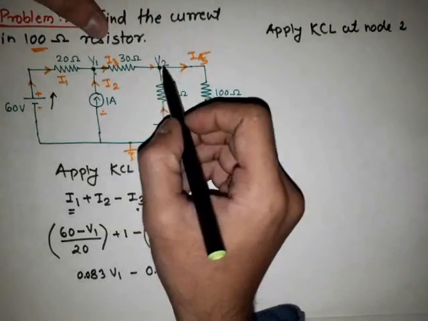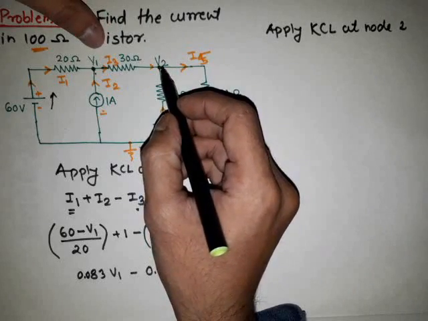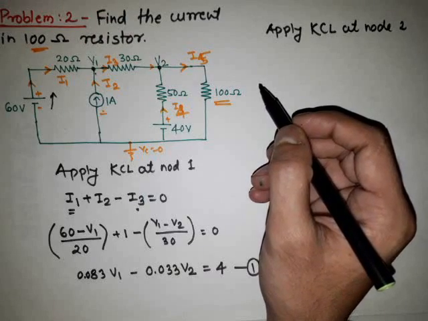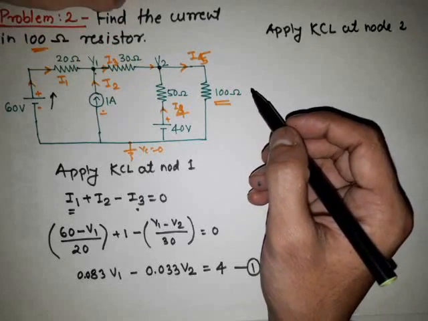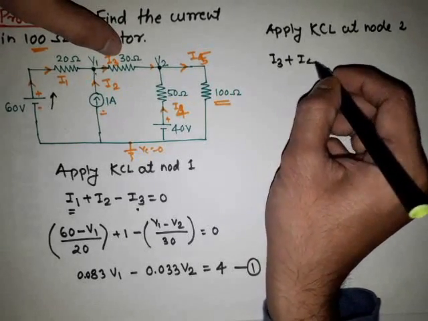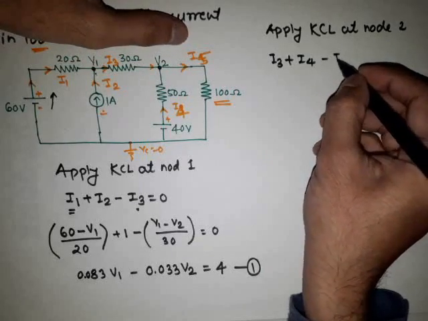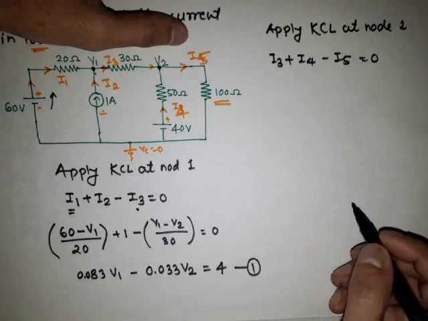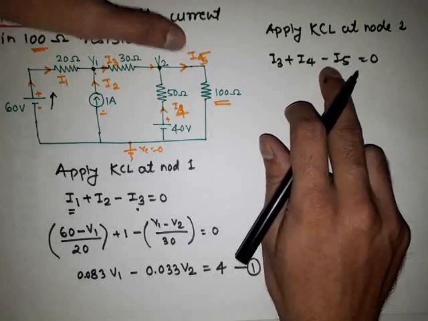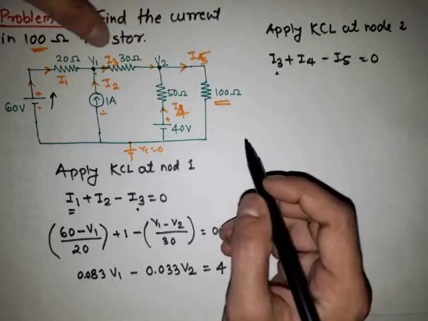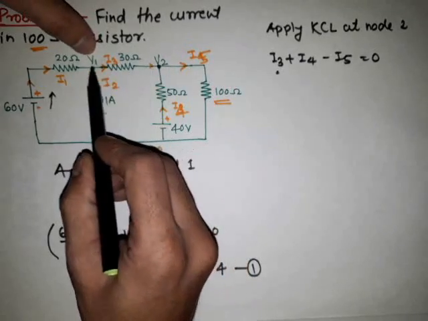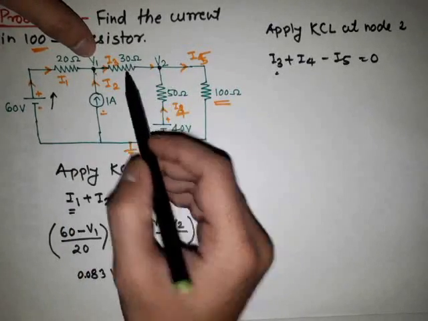At node 2, the voltage is V2, and as we consider incoming currents positive and outgoing currents negative, here I3 and I4 are the incoming currents. So both currents I3 and I4 will be plus, minus I5, which is equal to 0, because current I5 is the outgoing current and we consider it negative. Then for I3, the current flows from the first node to the second node, so it is initial voltage minus final voltage divided by the resistance.